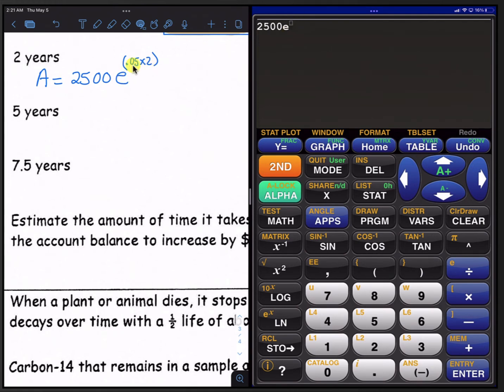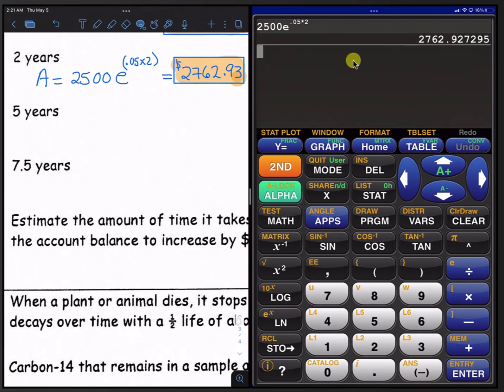And then you just type in your exponent, which is 0.05 times 2. And we press enter, and we have our answer. So back on the page, it's going to be $2,762.93.